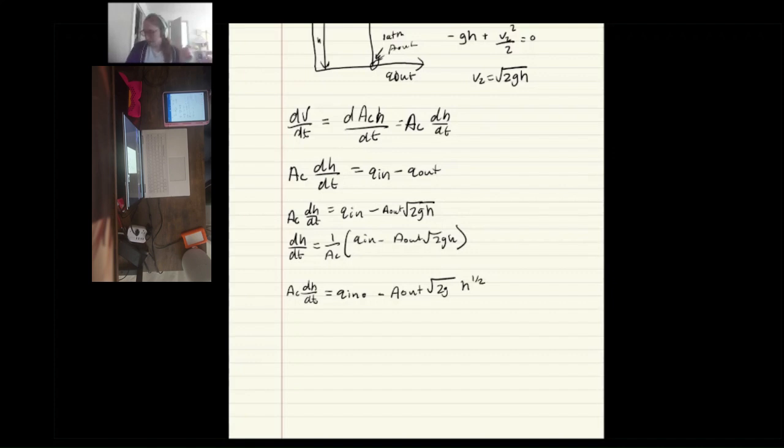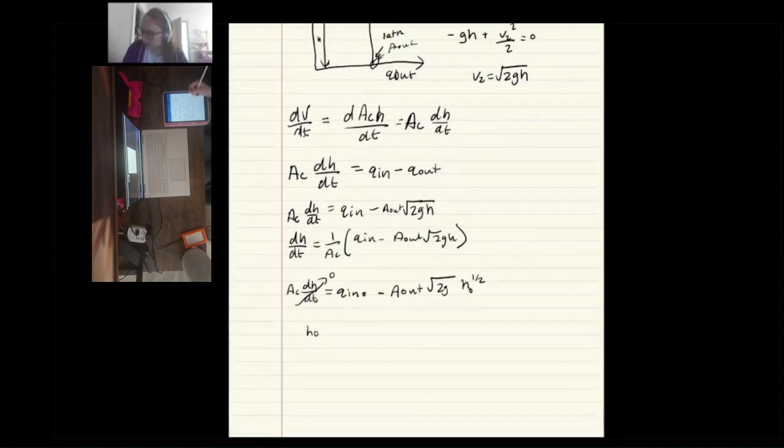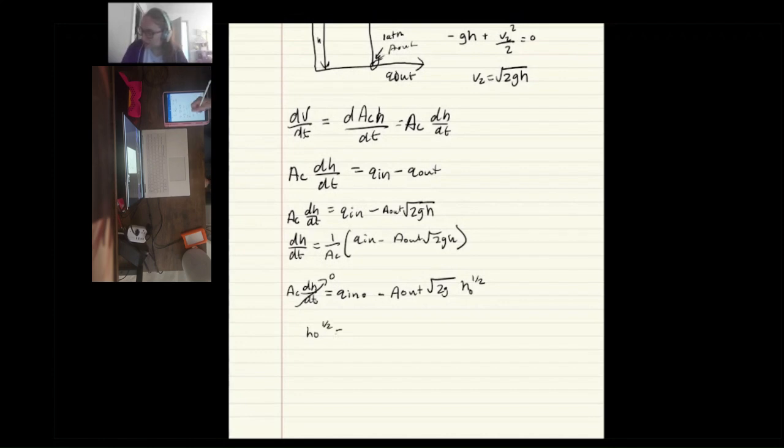So, what do we know about this? We know that this is a steady state flow, right? That the height is not changing, the volume is not changing. So this will go to 0. So now we're just going to solve for the height, which is going to be our height naught. So we just move it over. So we have our height naught equals Qin naught divided by A out and 2g, right?